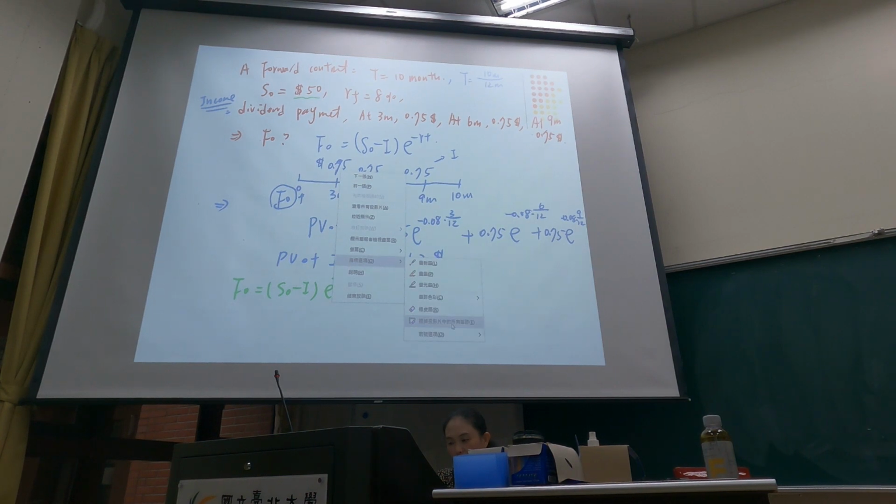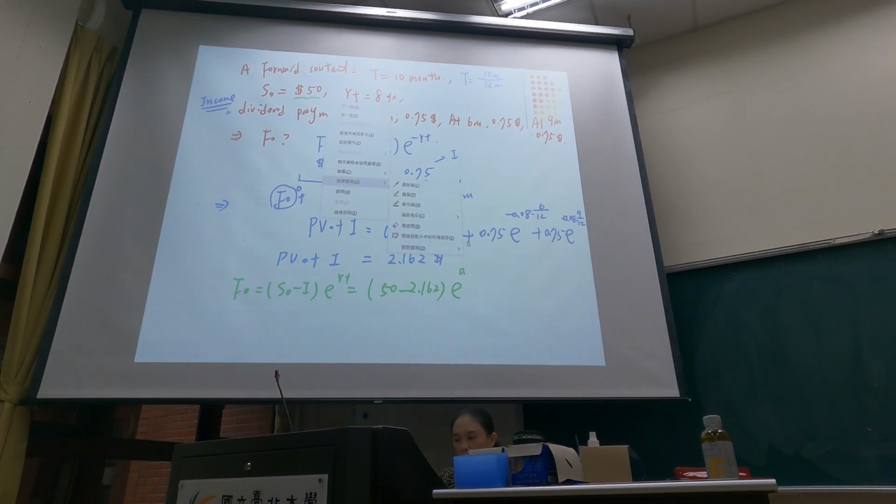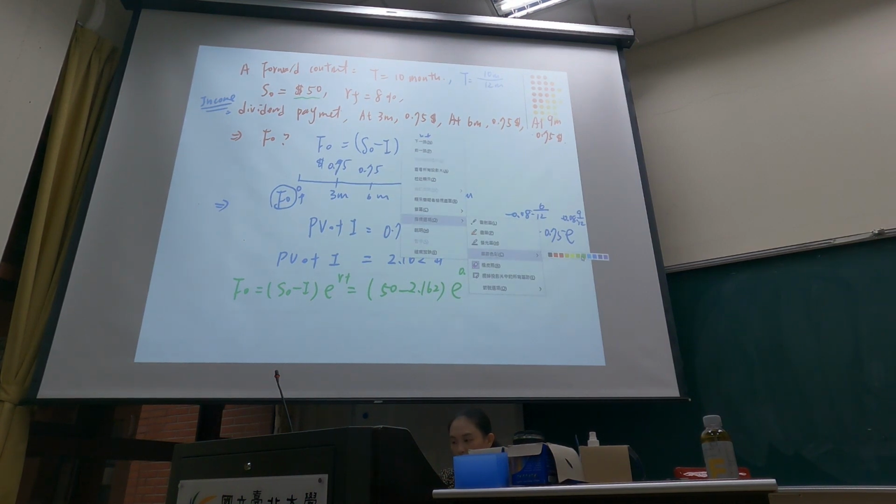That's the forward price. So e^(RT) is the compounding. Okay, it's e^(RT), so 0.08 times T, which is 10 over 12.